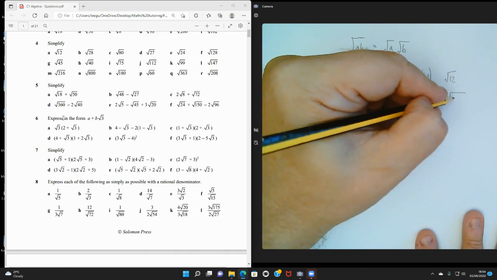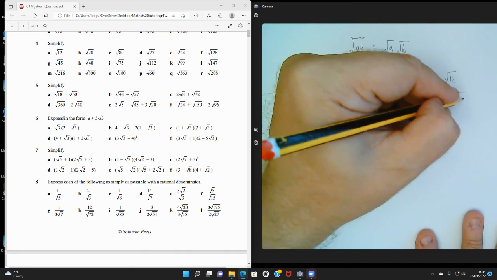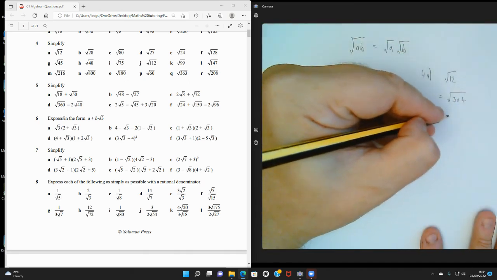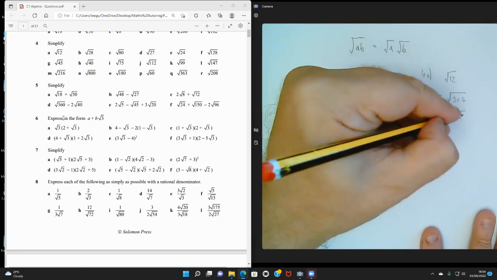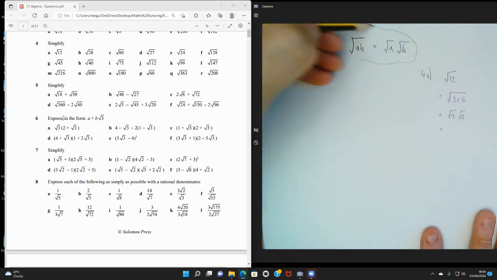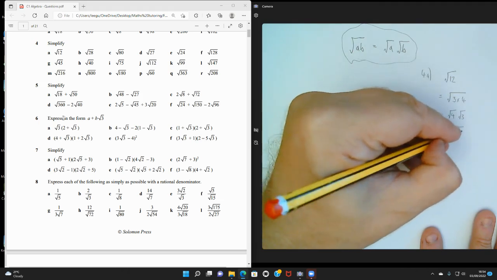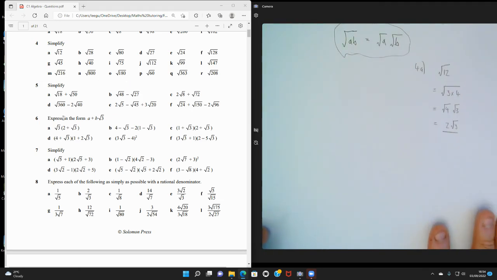So that could be 3 and it could be 4. So 3 and 4 like that. And then I can write that, using the laws of surds, as root 4 times root 3, using this law of surds here. And then root 4 is 2, so that is 2 root 3. So 2 root 3 is how I would simplify that one.